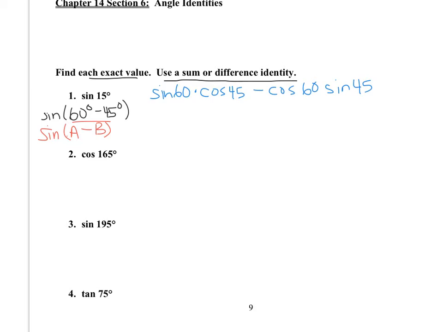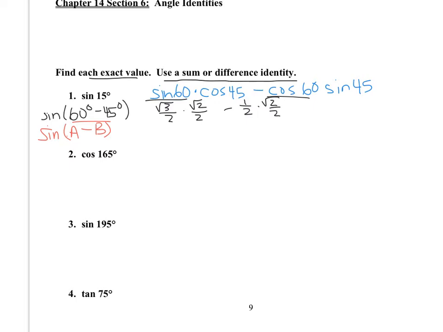So then I'm going to substitute. What's the y value at 60 degrees? That's root 3 over 2. Cosine of 45 is root 2 over 2, minus cosine of 60, which is 1/2, times sine of 45, which is root 2 over 2.